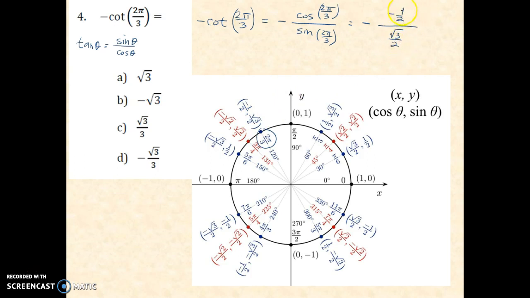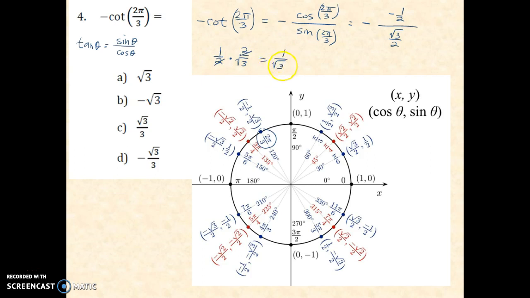So remember, when you divide by a fraction, it's the same as multiplying by the reciprocal. So negative, and here's a good one, negative times negative is positive. So positive 1/2 times, instead of dividing by radical 3 over 2, I'm going to multiply by 2 over radical 3. My 2's cancel, and I got 1 over radical 3.